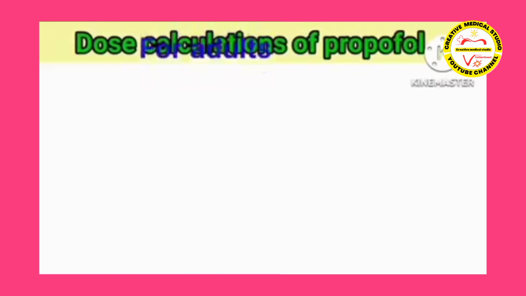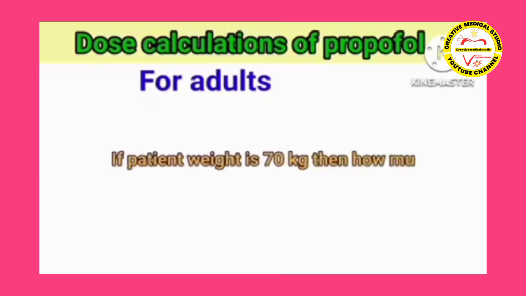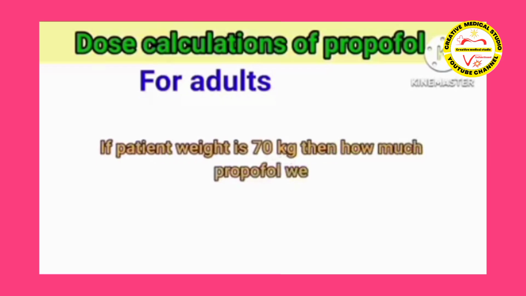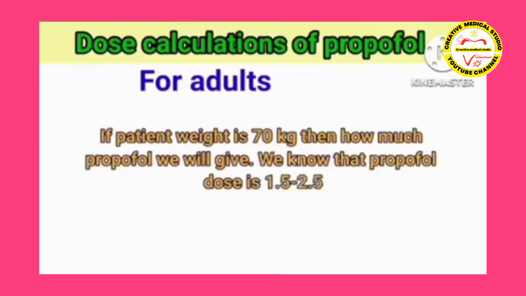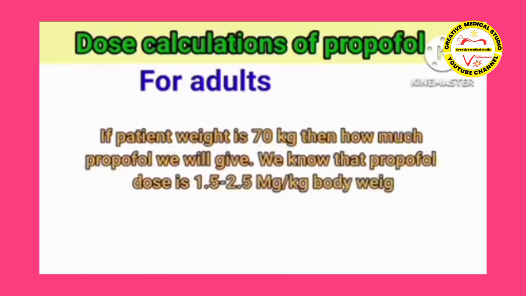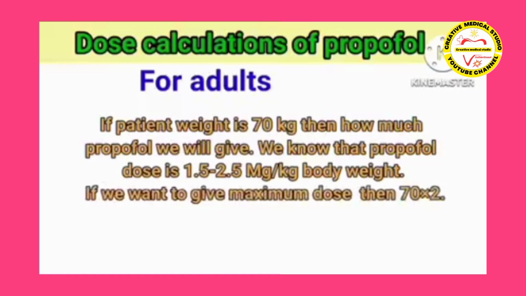Dose calculations of Propofol for adults. If patient weight is 70 kg, then how much Propofol we will give? We know that Propofol dose is 1.5 to 2.5 mg per kg body weight.